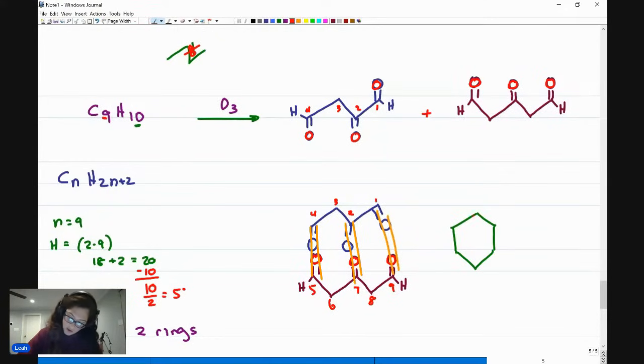That represents carbons 2, 3, 4, 5, 6, and 7, with a pi bond between 4 and 5, another pi bond between 2 and 7. Then coming out of it on the other side, I have 1, 9, 8 attached back to 7, and a pi bond between 1 and 9, giving me my correct starting molecule right here.